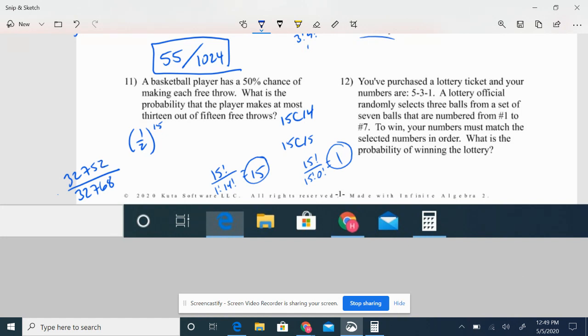It's better for me to find out the failure, because I only had to choose 15 choose 14 and 15 choose 15. I didn't want to look at success because 15 choose 1, 15 choose 2, 15 choose 3, 15 choose 4, 15 choose 5, way too many more cases. Now simplify each as much as you can.